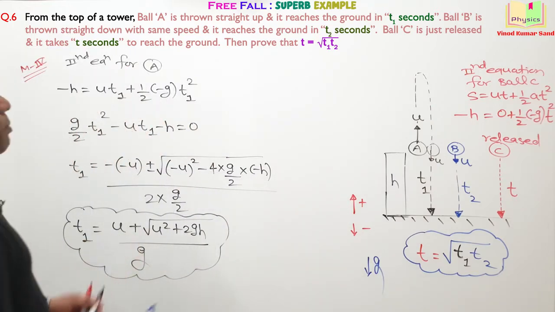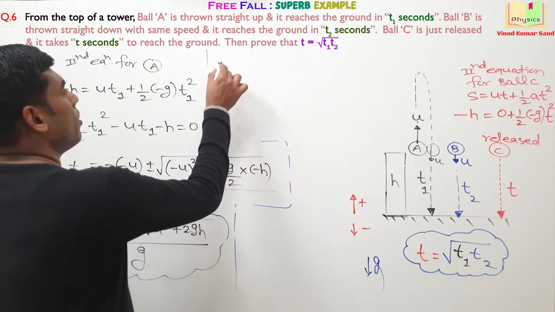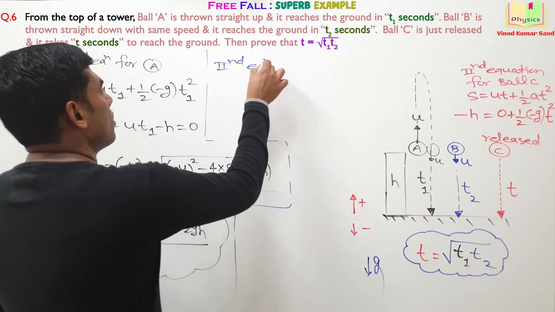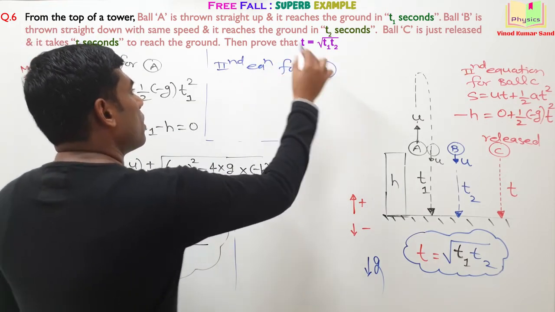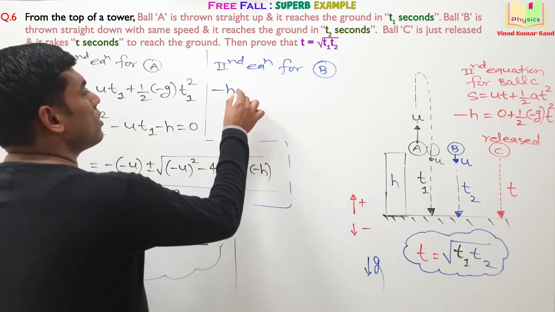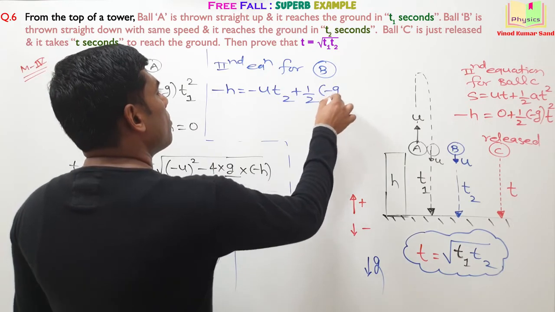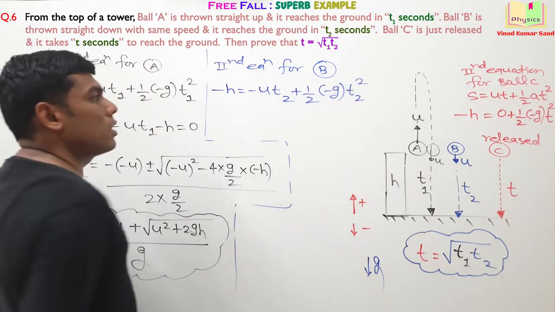Now I'll be using the second equation of motion for ball B. Speak up, what should we write? Minus h is equal to minus u t2 plus half minus g into t2 square.